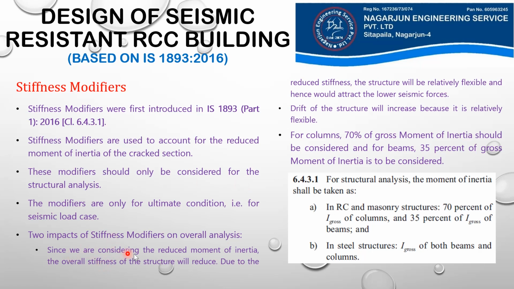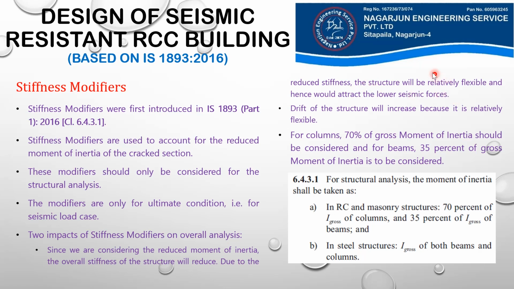Since we are considering the reduced moment of inertia, the stiffness of each element for which stiffness modifiers have been defined will reduce, and when we sum the reduced stiffness for the whole building, the overall stiffness of the building is also reduced. Due to the reduced stiffness, the structure will be relatively flexible and hence will attract lower seismic forces.